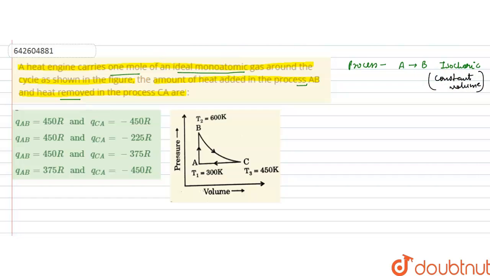And the heat removed in the process CA is at constant pressure, so it is isobaric. So process C to A is isobaric as the pressure is constant in this.